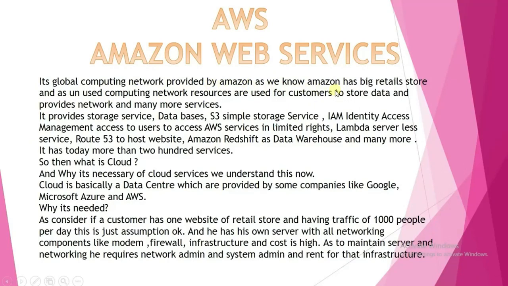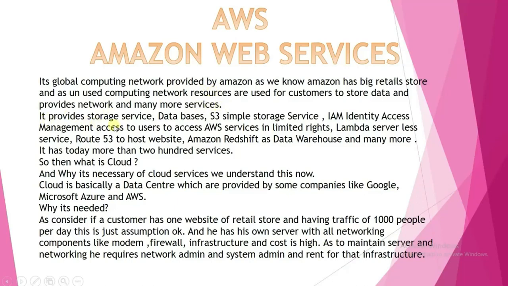As we know, Amazon has a big retail store, where we purchase so many things like kids' toys, shirts, sarees, bangles, stationery, jewelry, everything. The unused computing network resources are used for customers to store data and to provide network and many more services. That's how the unused resources are used for AWS services.